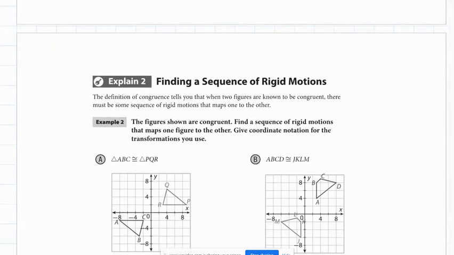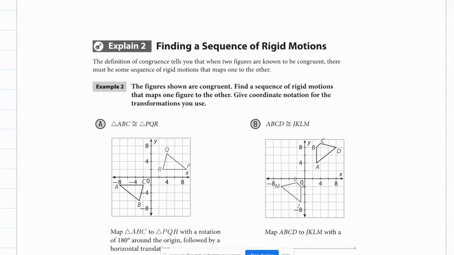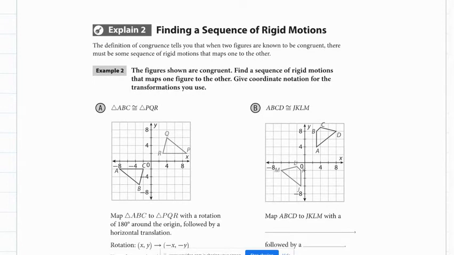Okay, and then we'll do some more of these, but now it might take more than one transformation. It might take maybe a rotation and a reflection, or a translation and a reflection, or something like that.